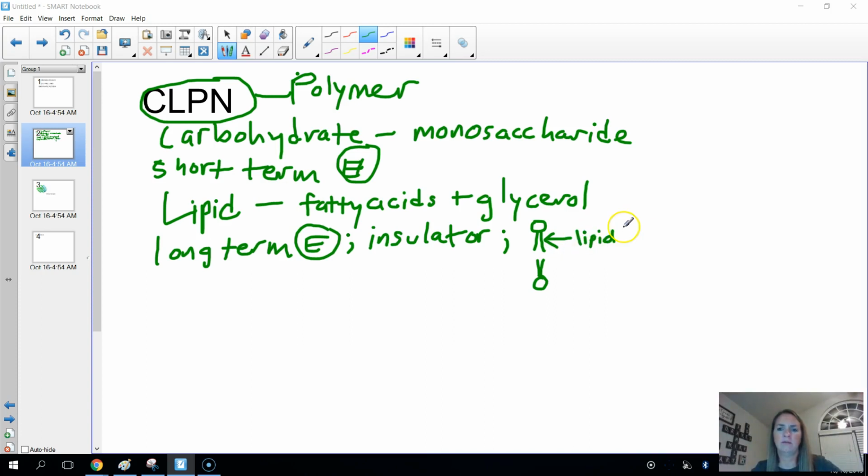Okay, and you remember the lipid part is also hydrophobic, so it doesn't like water. Okay, so it creates this kind of layer that divides the internal parts of the cell from the external environment. Okay, and then we have the P for protein.